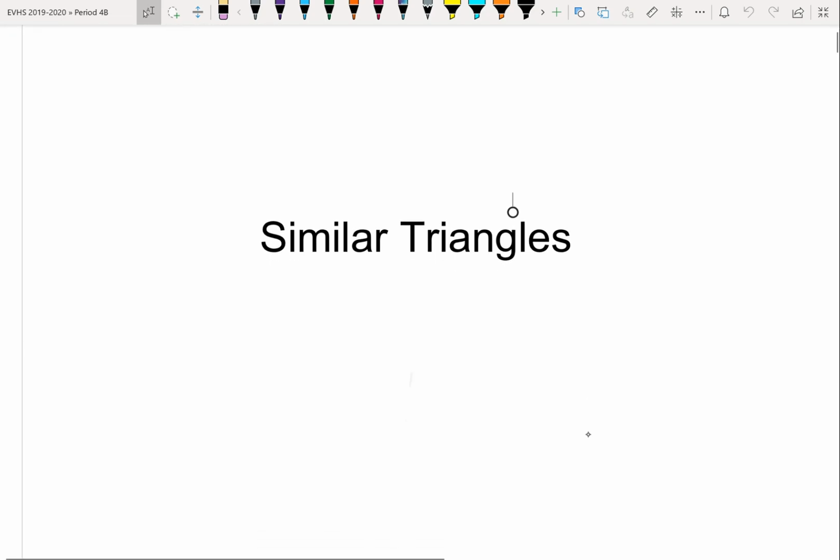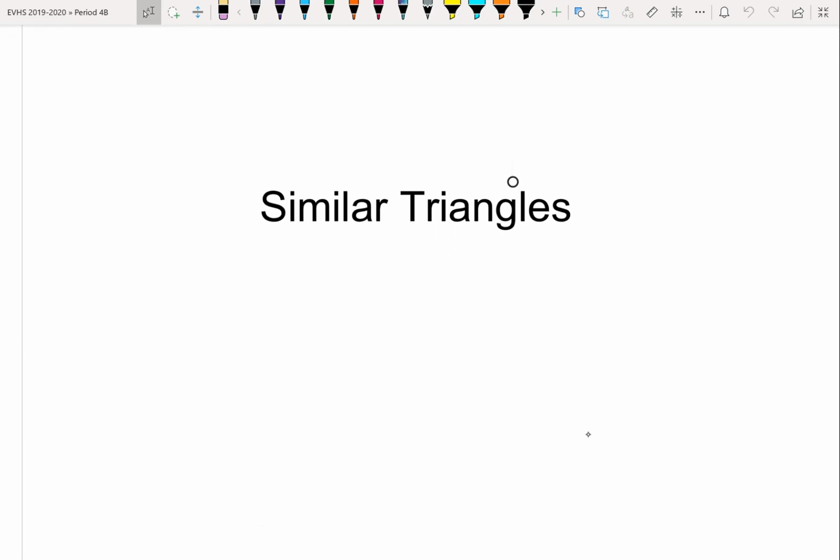Similar triangles. Last class period, we talked a lot about ratios and proportions and also similar figures. And remember, similar is this symbol here. When we have a similarity statement like triangle ABC is similar to triangle XYZ, we get 6 pieces of information out of this.